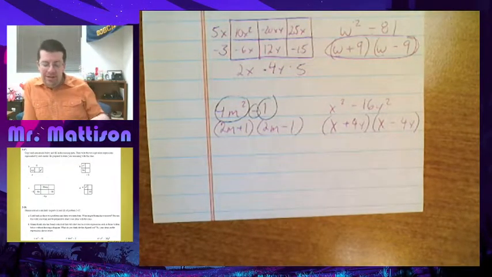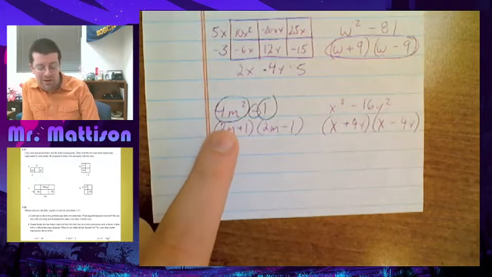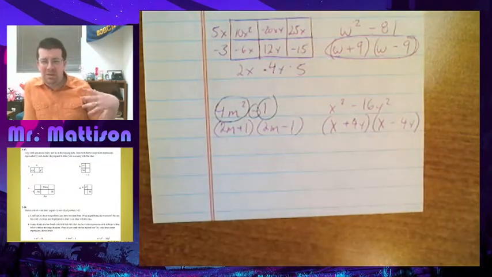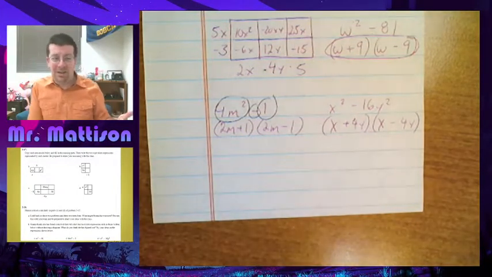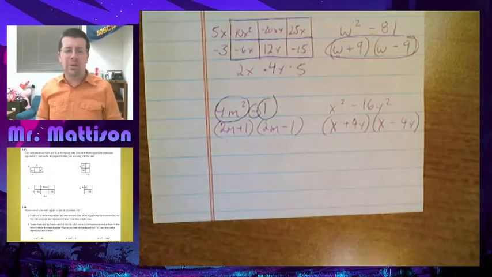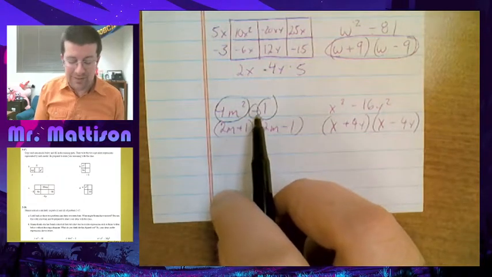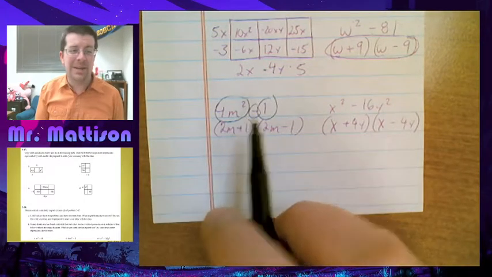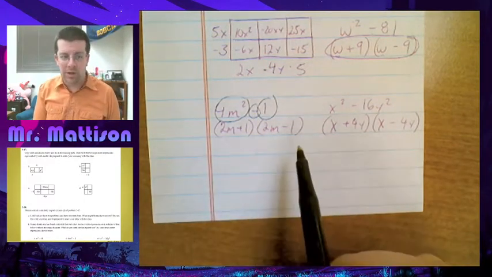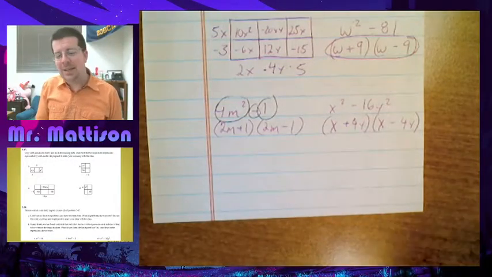Now, technically, they don't have to be perfect squares, and you could leave radicals here. But we really don't like to have radicals in our factors, so we try to avoid that case. But they do need to be subtracting. If it's being added, this pattern does not work. So just keep that in mind.